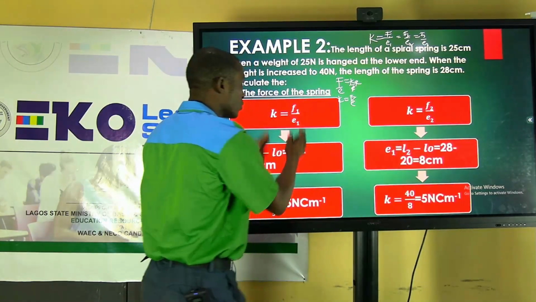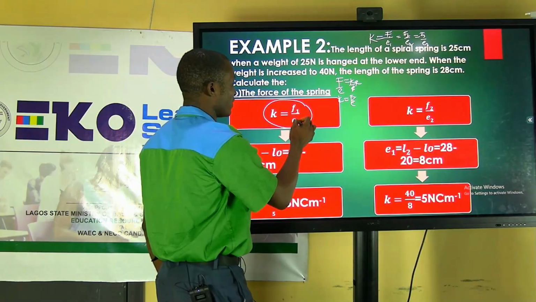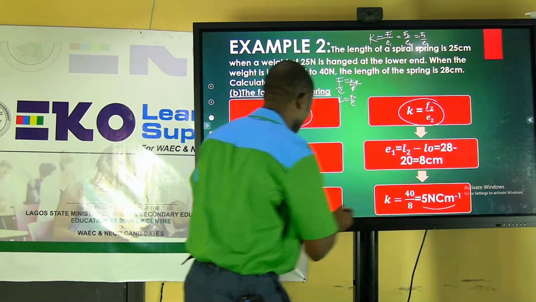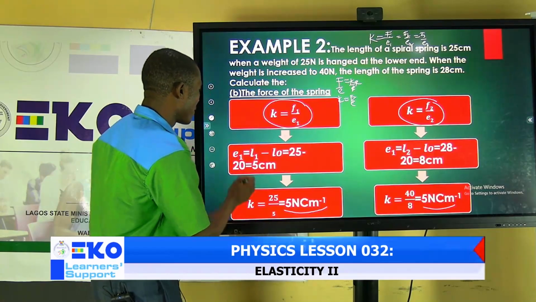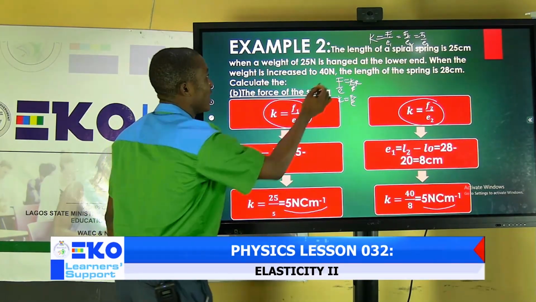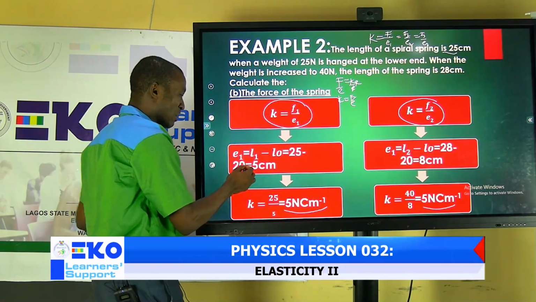I want to prove that to you by using this example. The first case is F1 over E1, the second case F2 over E2. You see that we arrive at the same answer. How? The first extension will be L1 minus L0, and L1 is given as 25 centimeters minus the original length that we just calculated, which is 20.